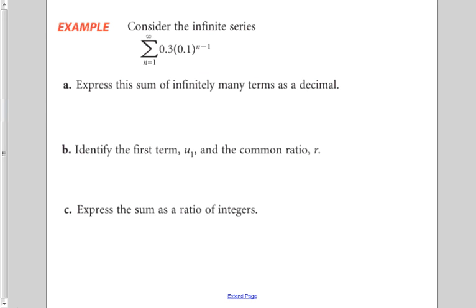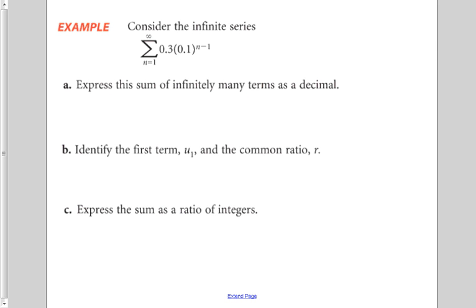So now let's consider the infinite series, the sum from n equals 1 to infinity of 0.3 multiplied by 0.1 raised to the n minus 1 power. So to start, let's display the sum as infinitely many terms in a decimal. First of all, I need to find when n equals 1, what does my first term of the series equal?